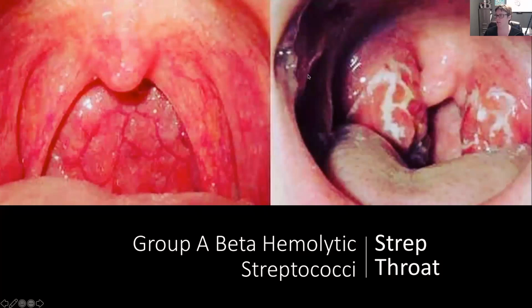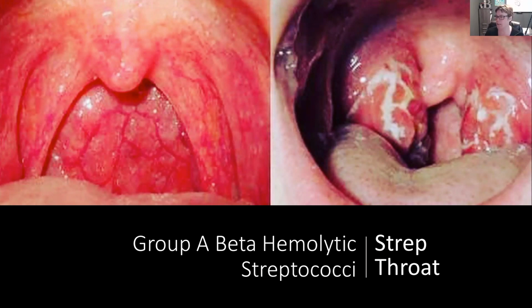But when we look at these 2 different pictures, which one do you think is strep throat? The first picture here is sore throat, typically viral in nature. It's red, it's beefy. It doesn't look very nice, but it's not strep throat.